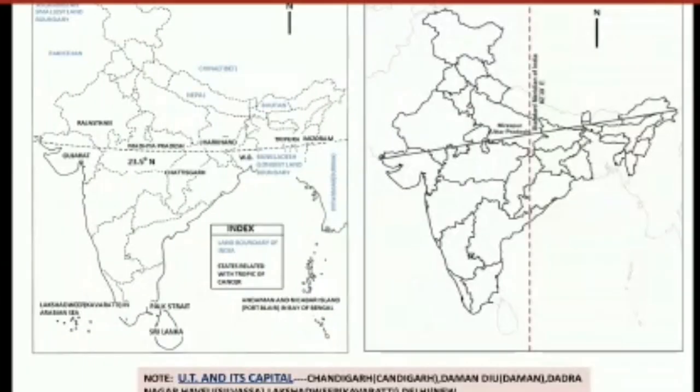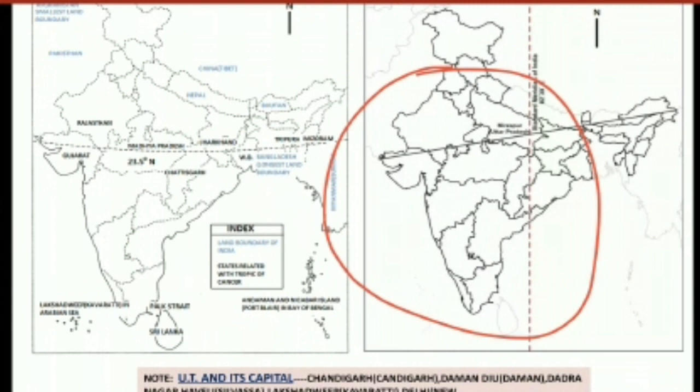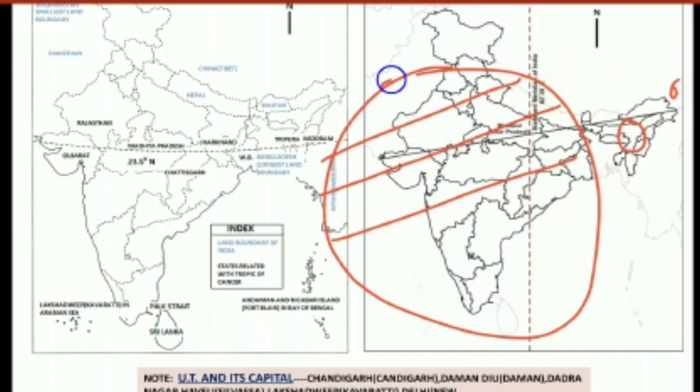If we consider this whole circle as a whole globe, then we have the central part, that is 0 degree. More important latitudes are 23.5, 66.5 and 90 degree in the northern hemisphere and southern hemisphere also.